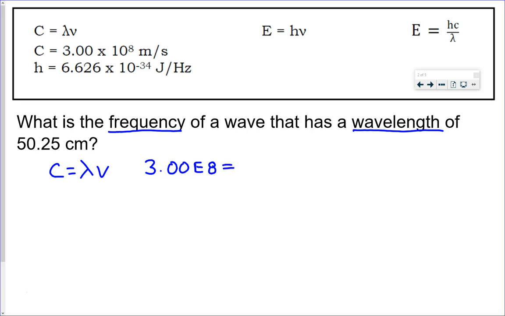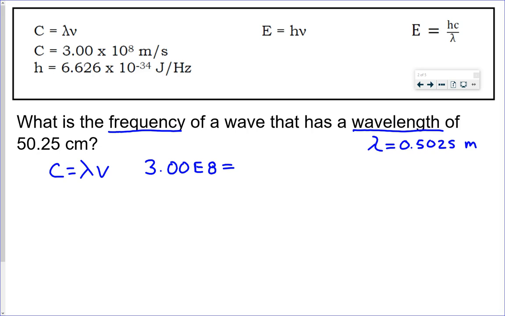Now, something to point out here is that the wavelength was in centimeters, so we need to fix that. If you go through and you do your King Henry died by drinking chocolate milk here, what you can find is that the wavelength actually equals 0.5025 meters. If you want a refresher on that, I recommend you look back at the metric conversion video.